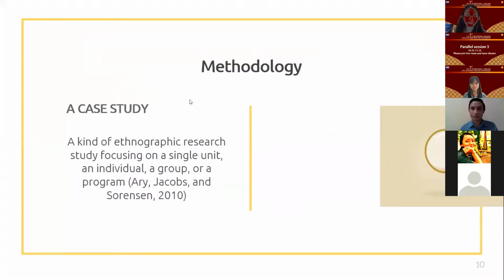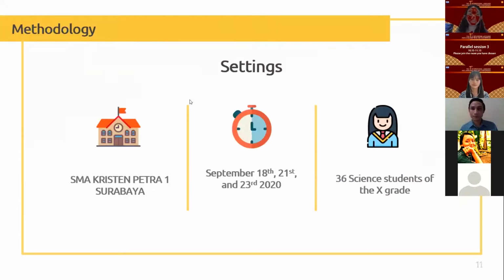And for the methodology, I used a case study, as I mentioned before, a case in my class. It's a kind of ethnographic research study focusing on a single unit: an individual, a group, or a program. And then the setting: it was conducted on September 18th, 21st, and 23rd in 2020.